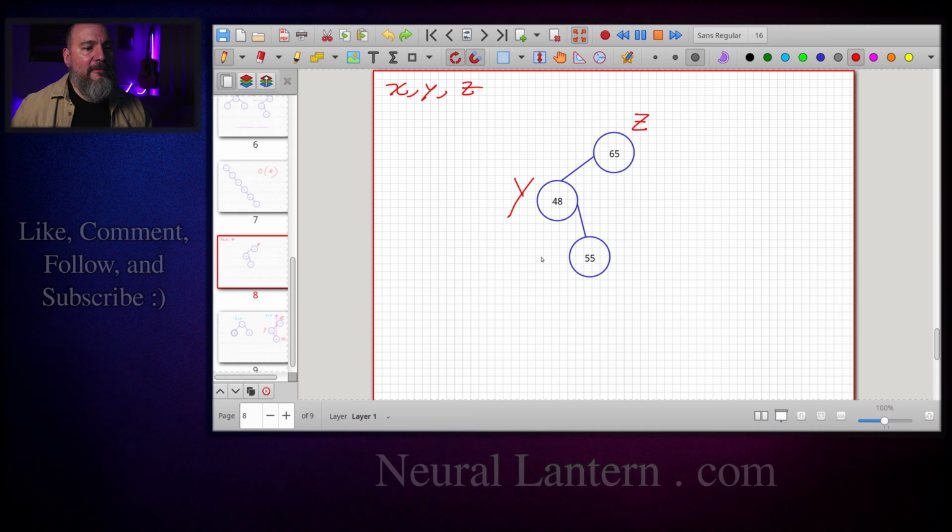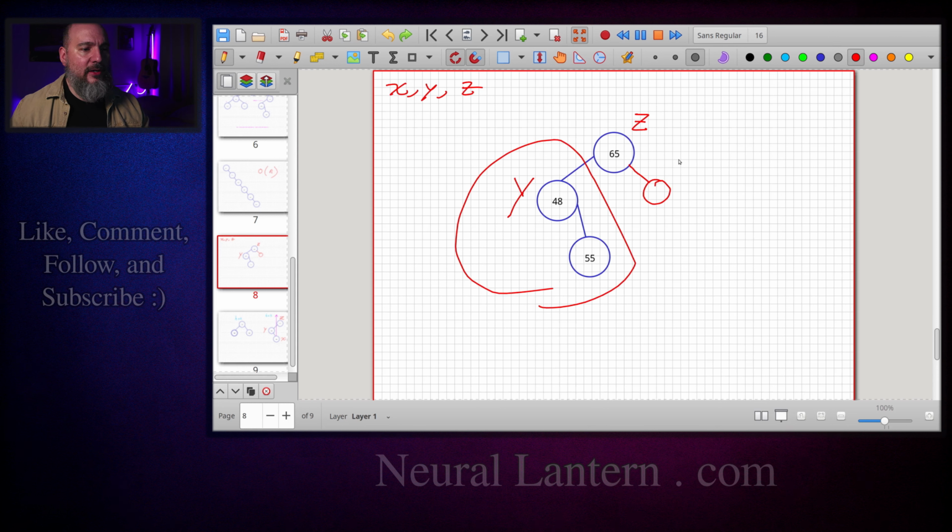But just so you know, if there was another child hanging off of the right for some reason, we would still choose the number 48 node as the Y node because it has the taller subtree. Notice how the subtree on the left has a height of 2 and the subtree on the right has a height of 1. So always take the taller subtree when you're looking for Y and then X.